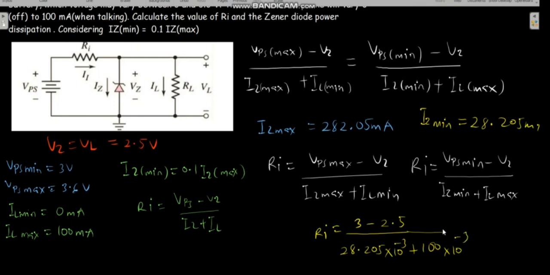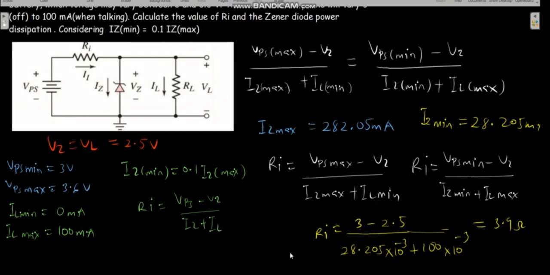When I do this, it also gives me Ri to be 3.9 ohms. So you see that when you use this formula also, you get the same answer. You can use either of them to solve for your Ri.